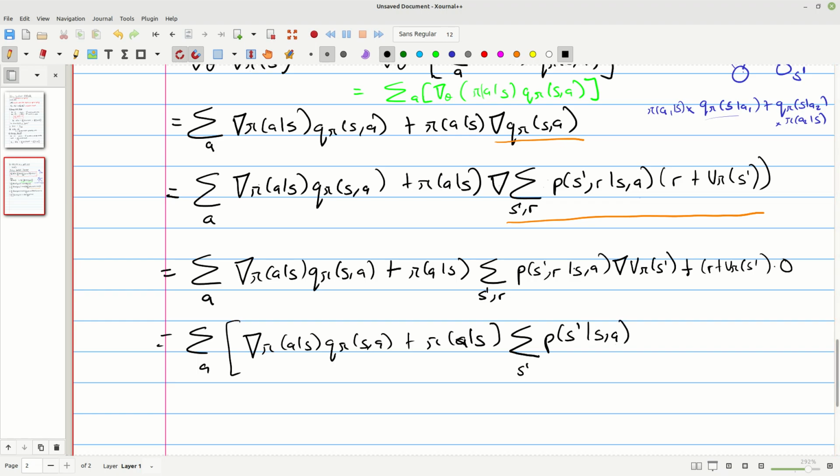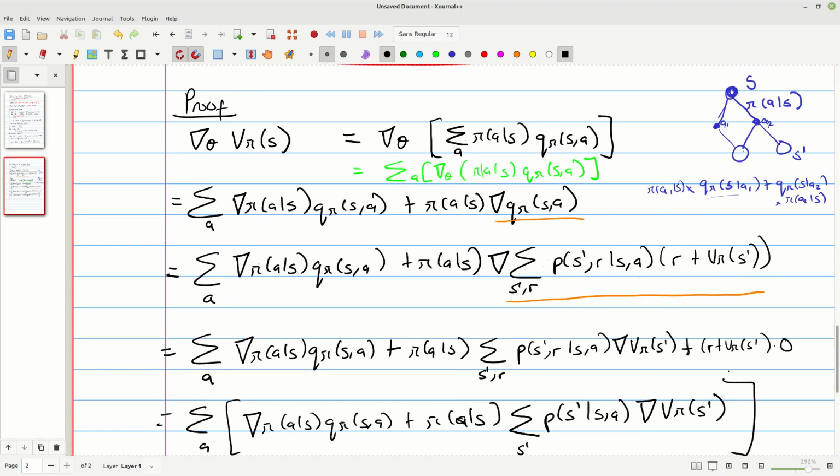If you remember from our lectures, we use this interchangeably, but essentially this is the summation of p(s prime, r) over r. So this is a summation of this term just over r. So that's why I'm writing it this way, right? Times the derivative of v pi of s prime.